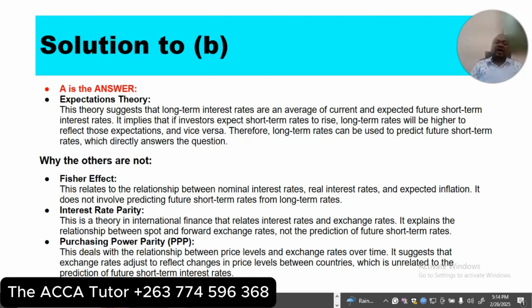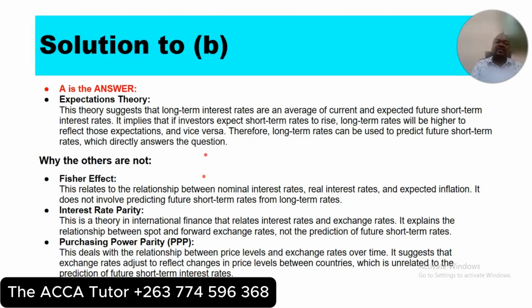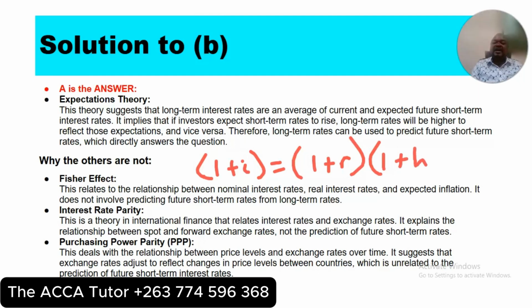So I'm sure you are still aware of that interesting formula where we say 1 plus i is equal to 1 plus r, multiply by 1 plus h. Okay, that's the Fisher effect. All right.